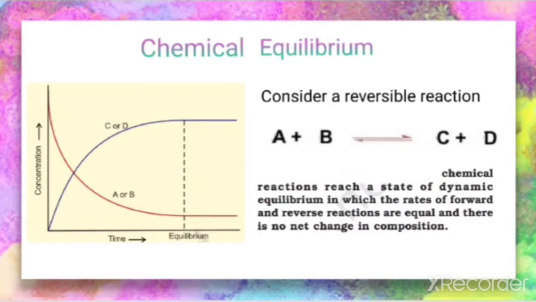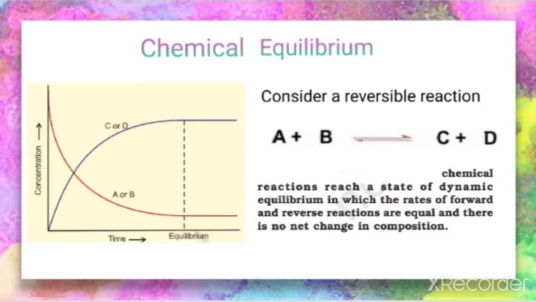So for that reaction, we can say that in the reversible reaction, a chemical reaction reaches a state of dynamic equilibrium in which the rate of forward reaction is equal to the rate of reverse reaction, and there is no net change in the composition.